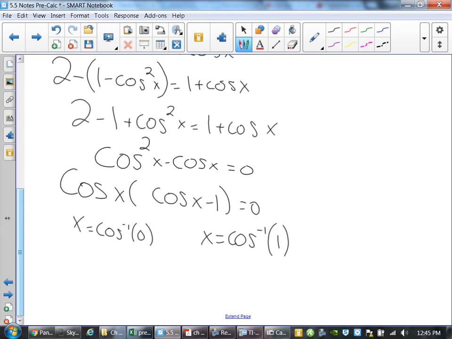Within one revolution, cosine is equal to 0 at pi over 2 and 3 pi over 2. Good. And where is cosine equal to 1? Careful, it's just 0, because I'm in the bracket of 0 and the soft bracket of 2 pi, so I'm going to include 0 but not include 2 pi.